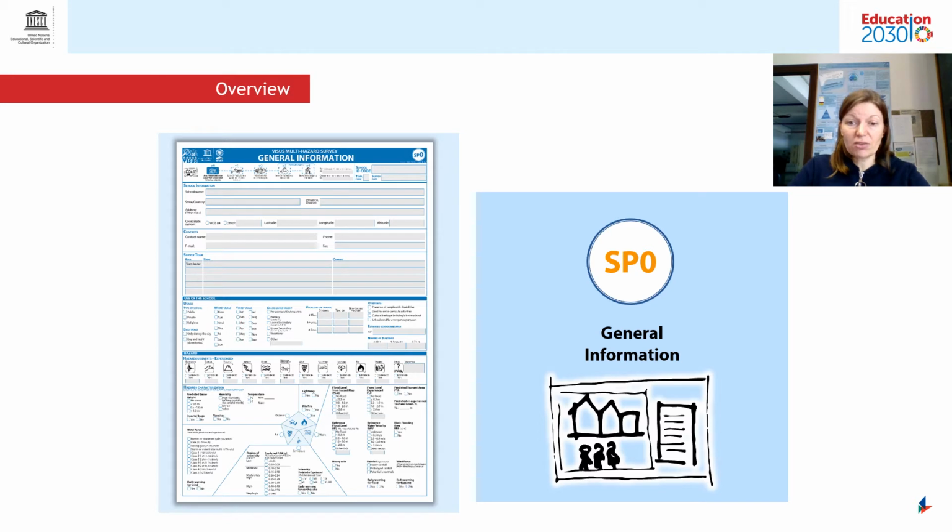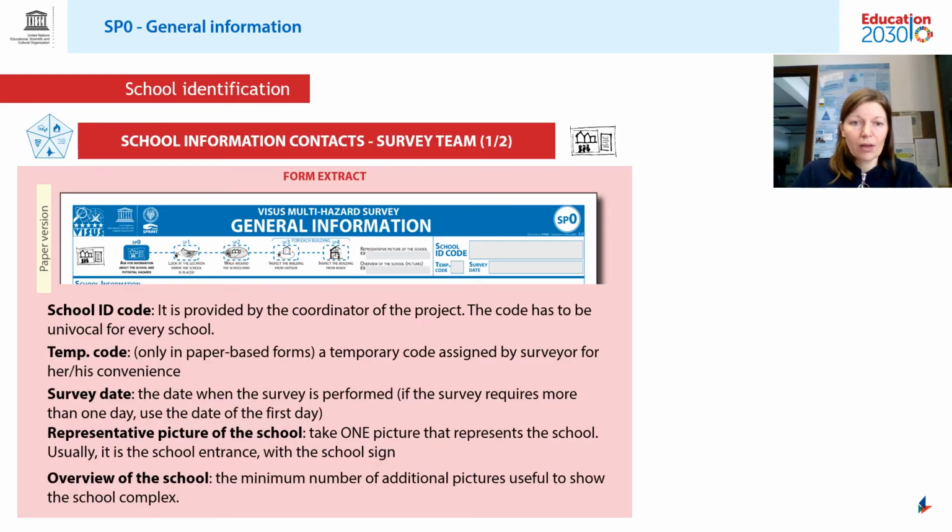Now I just want to provide an overview of the VISUS survey forms, starting from the SP0, the general information form. As you can see, in the general information form, there is a space for identifying the school ID code of the school that is assessed through that form.